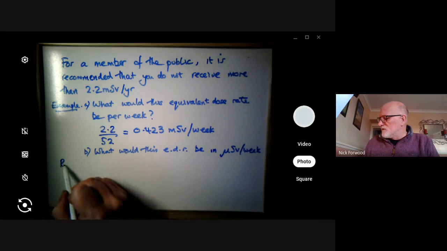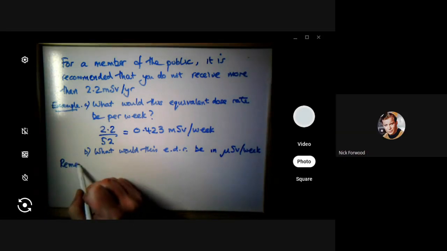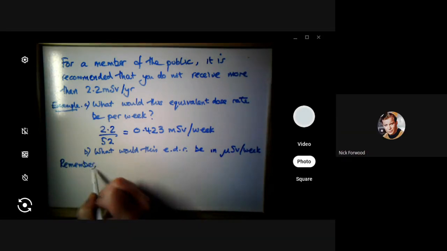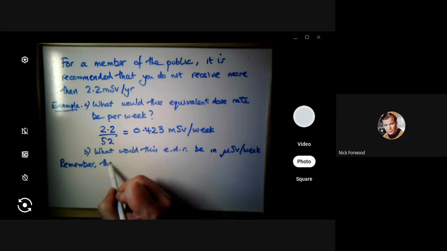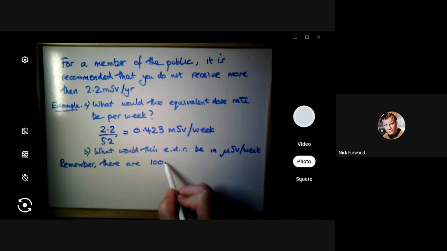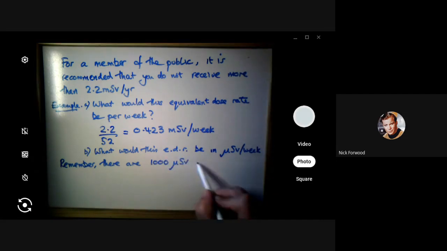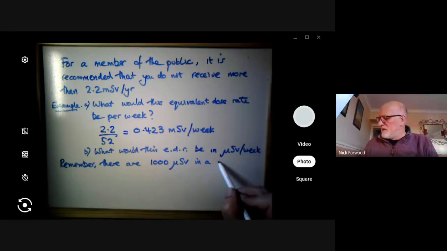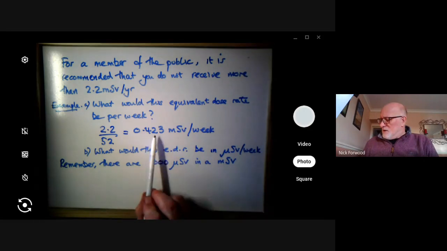So I'm just going to say, remember there's 1,000 microsieverts in a millisievert. So how do we change that?